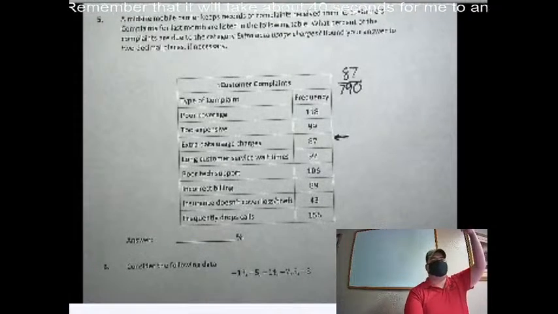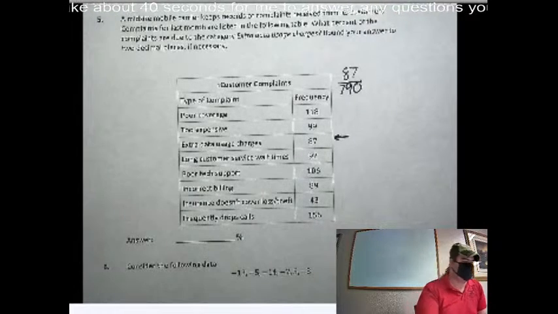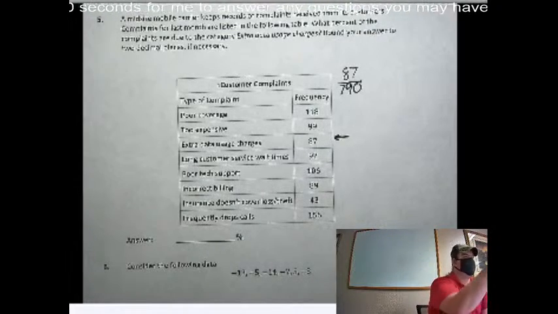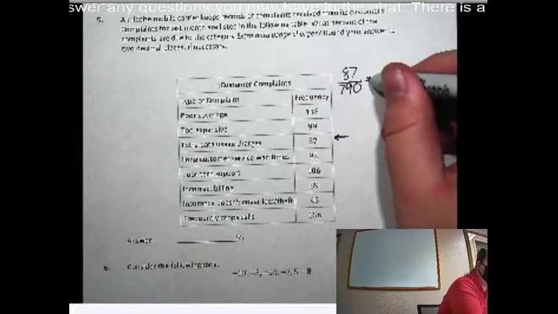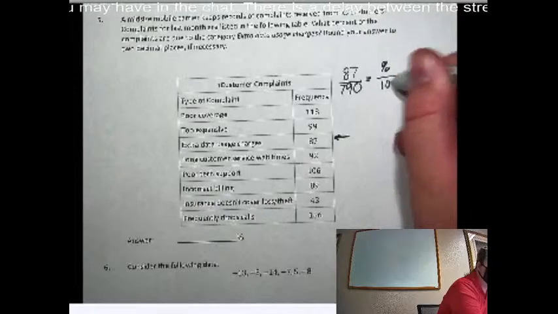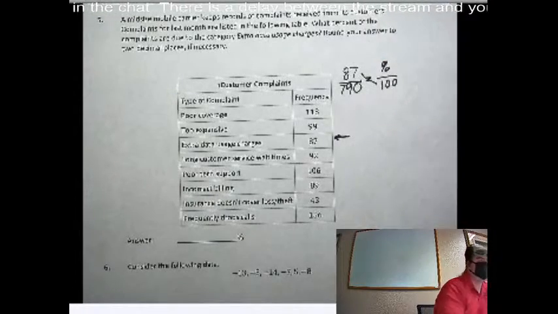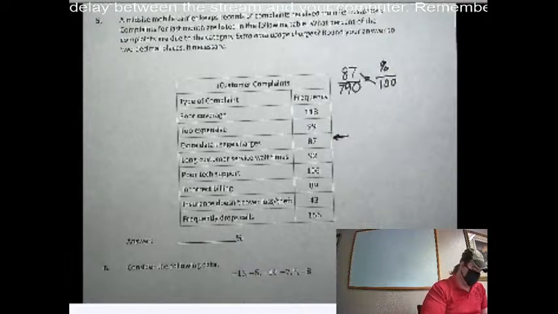But yeah, the 87 needs to be on top because that is the part. Either way that you described would work. So we could set this up as a percent out of 100 and then multiply 87 times 100 and then divide by 790. Let's go ahead and do that.